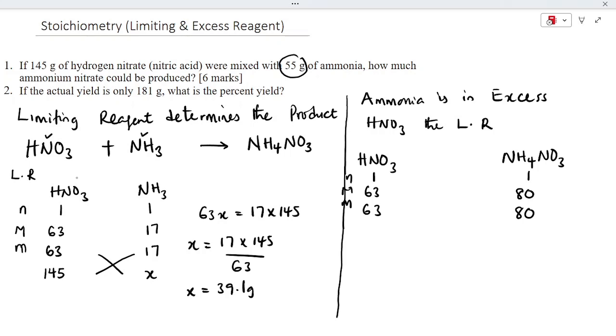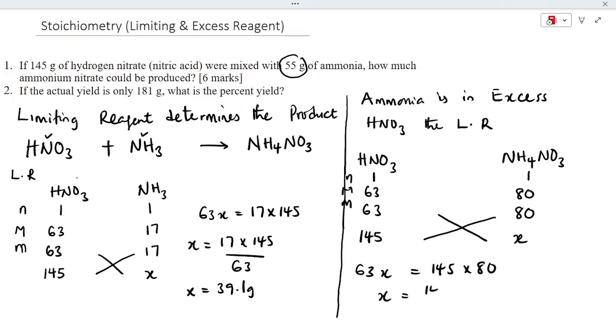So that gives us the molar mass of ammonium nitrate as 80. So therefore the mass is 80. So the question now becomes, according to our chemical reaction, 63 grams of nitric acid produces 80 grams of ammonium nitrate. How much will the given mass of nitric acid produce, which is 145? That will produce X amount, which we don't know. So 63X equals 145 times 80.